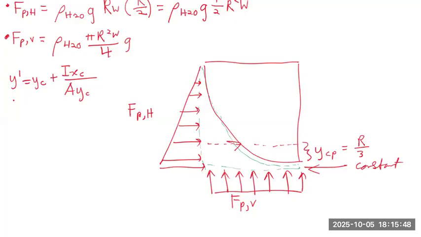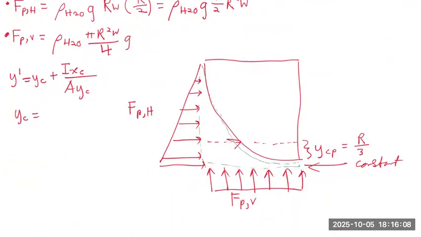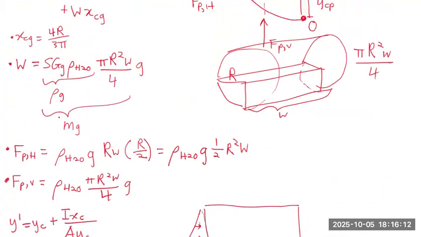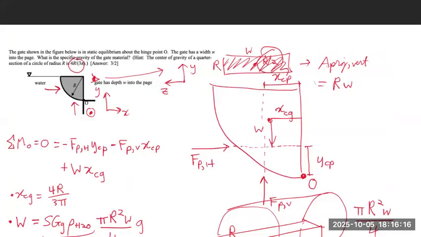So over here we will use yc equals the distance from the free surface, which is located here, to the centroid of the projected area, which I'm assuming is the area they're talking about. So it's going to be r over 2. YC is going to be equal to r over 2, as we found previously from this projected area over here.